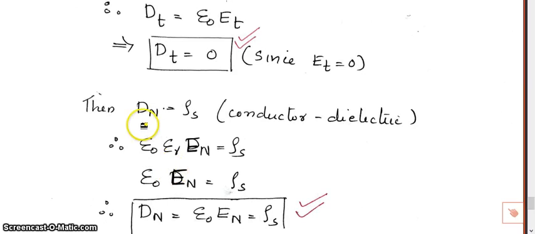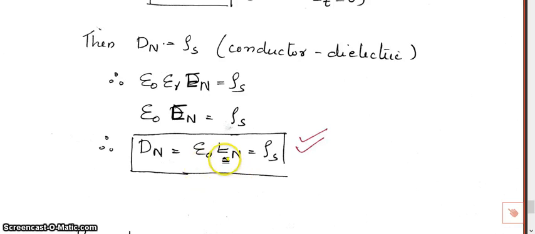Similarly, we got Dn equal to rho s for the conductor dielectric boundary, and we have the relation between D and E as epsilon 0 epsilon r En, that is equal to rho s. The value of epsilon r for free space is 1, so I can substitute 1 here. Finally, I can write epsilon 0 En is equal to rho s.